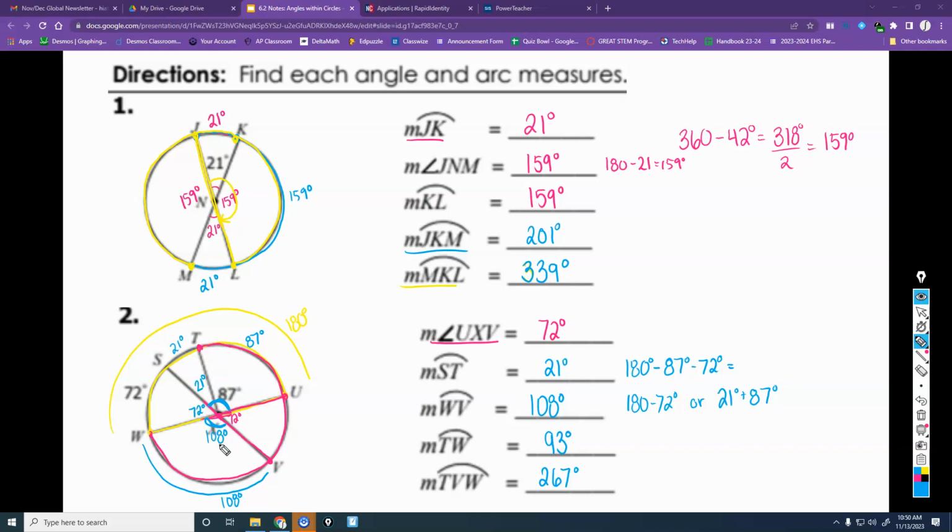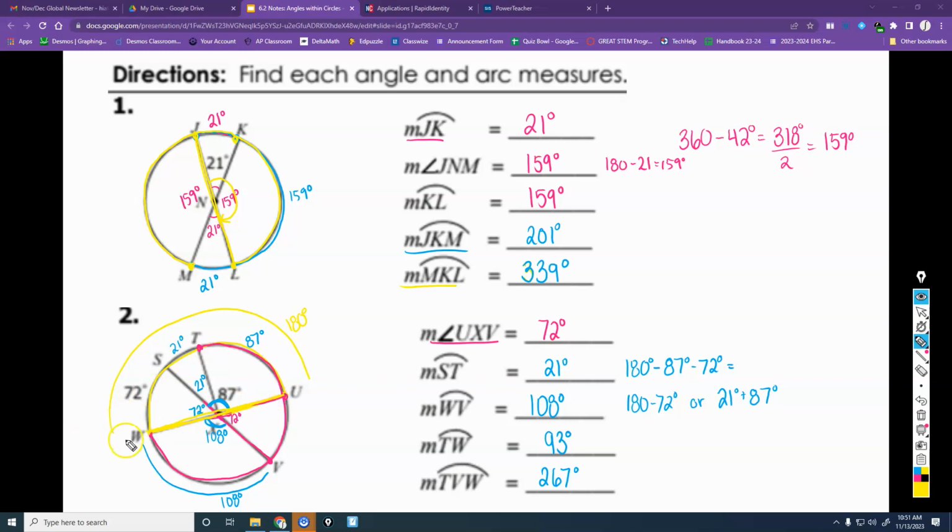Okay, what questions do you have? Yes. So, for this section right here, what I was doing was looking, right here is a diameter that goes all the way across, right?